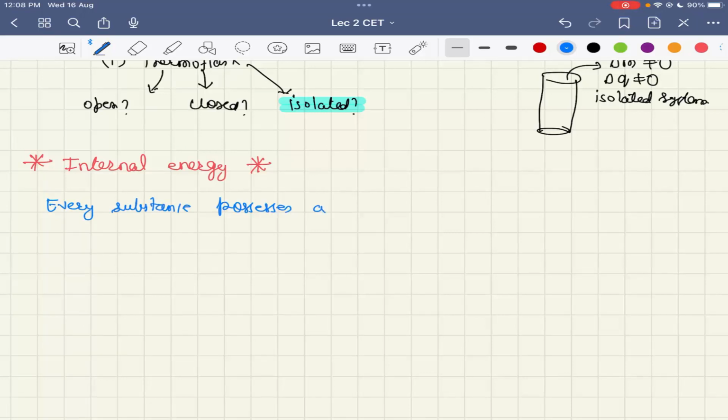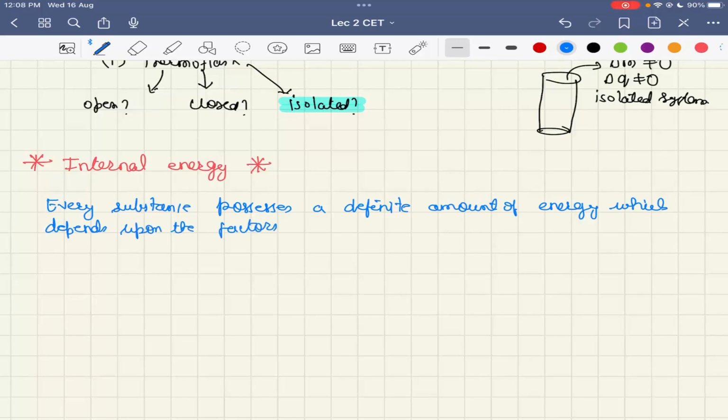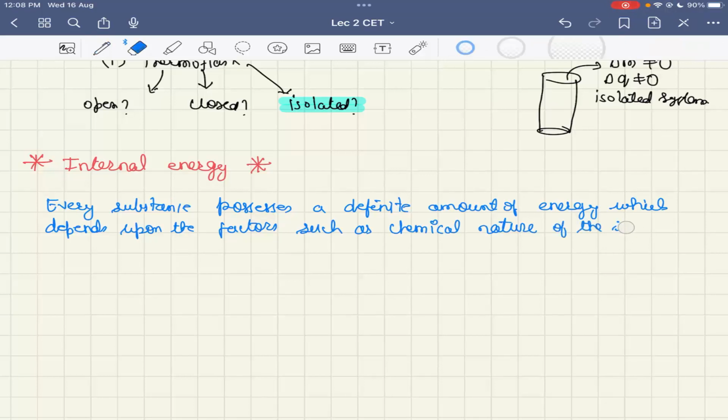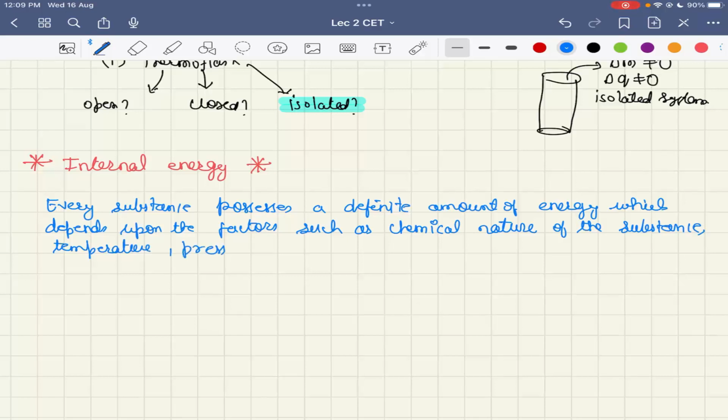So every substance possesses a definite quantity or definite amount of energy which depends upon the factors such as chemical nature of the substance, temperature, pressure, etc., right?